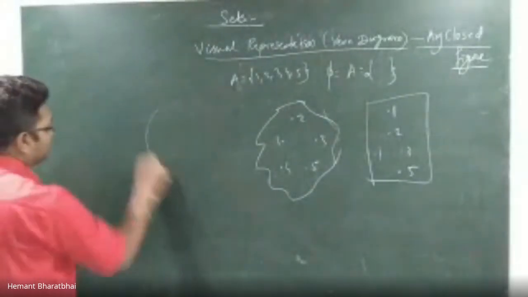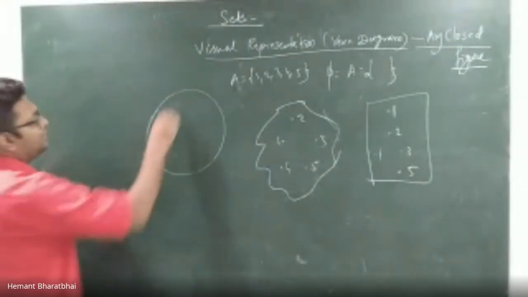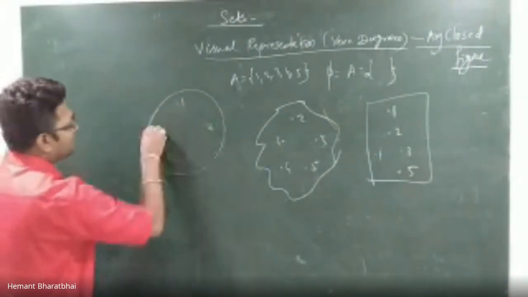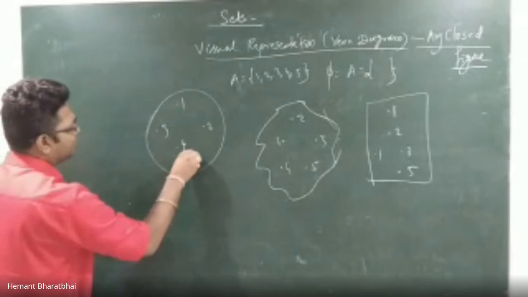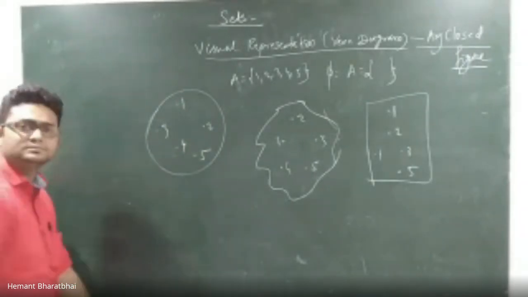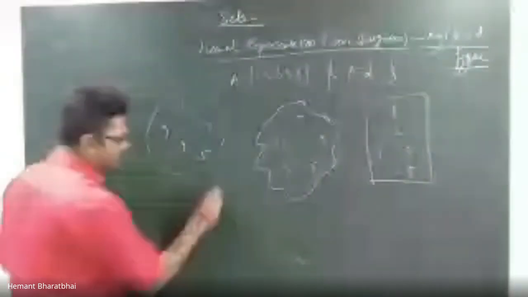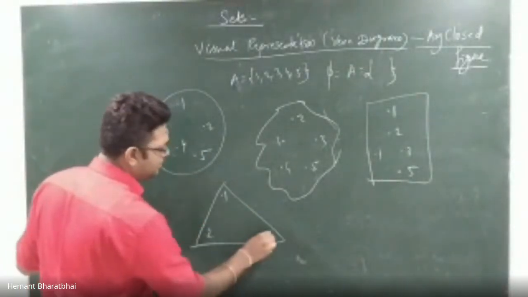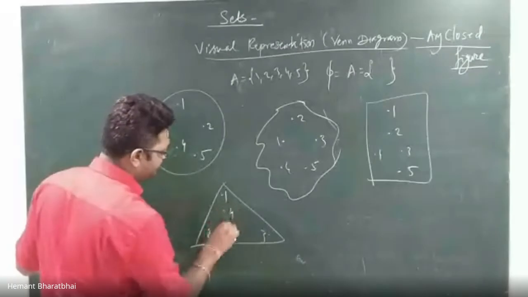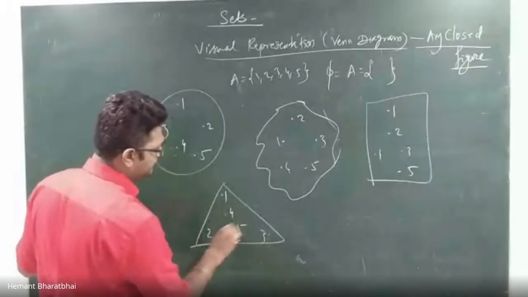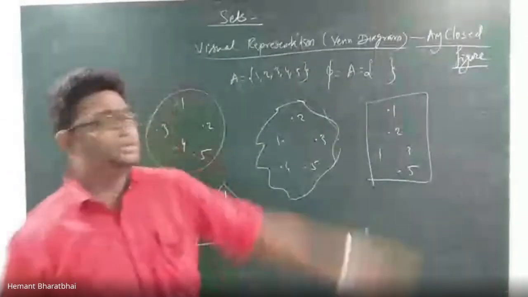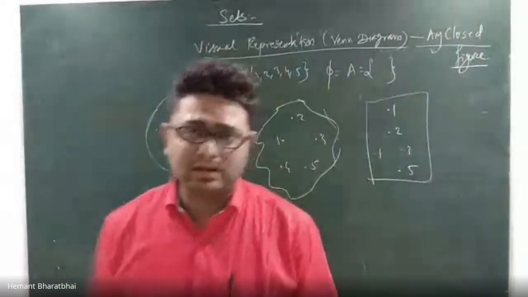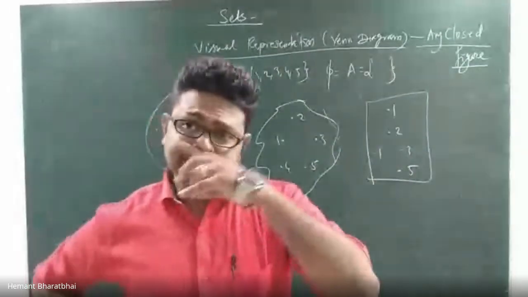Or you can draw a circle and write 1, 2, 3, 4, 5. Or you can draw a triangle and write these numbers 1, 2, 3, 4, 5. This is the visual representation which we call a Venn diagram.